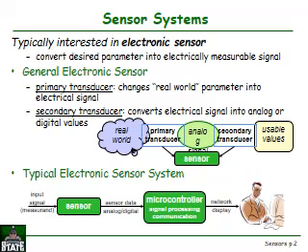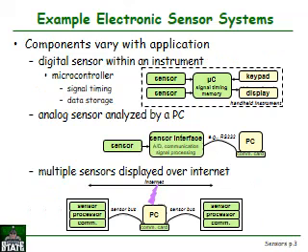Okay, so here are some examples. In a typical electronic sensor system, we give the input signal to the sensor, giving digital output. Then we go to the microcontroller, signal processing, communications, then the network displays.